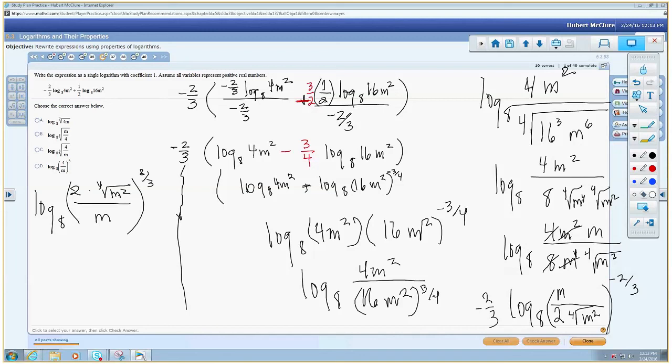Yeah. And that's exponent over index, so that's going to be the third root of all this stuff squared. Log base 8 of the third root of all of this, fourth root m squared over m, all that squared. So we go over here.